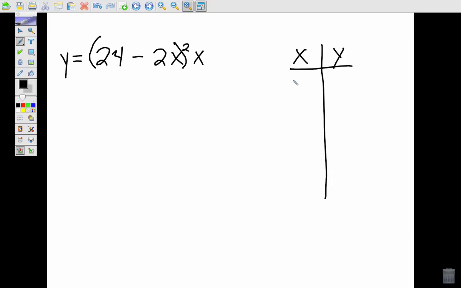So let's say we don't want to put 0 in here because we know the result is going to be a volume of 0. If I cut off 1, we're going to just use integers. So you put 1 in: 24 minus 2, squared, times 1.